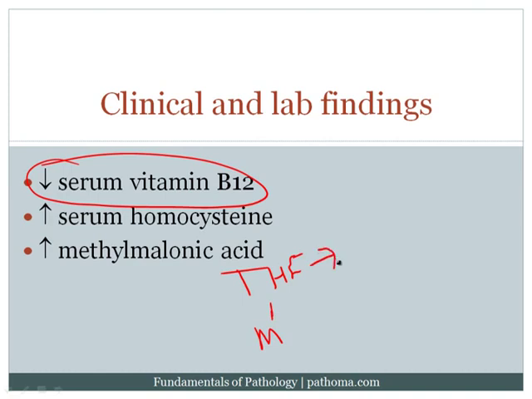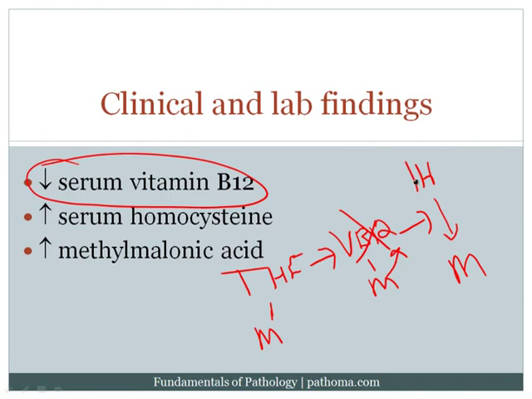Remember that methyl group gets attached to vitamin B12, and then vitamin B12 eventually takes that methyl group and passes it on to homocysteine. And homocysteine will then get converted to methionine. So if vitamin B12 is not present, it will not be able to pass this methyl group to homocysteine, and so homocysteine levels will rise. And so the serum homocysteine will be high.